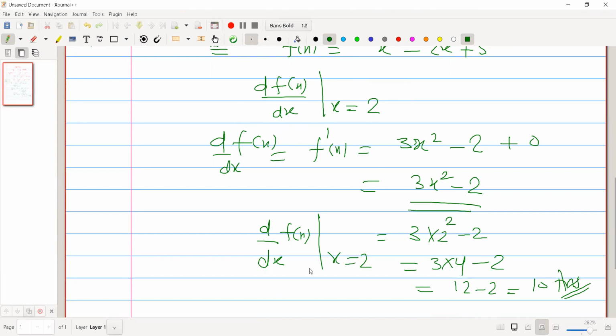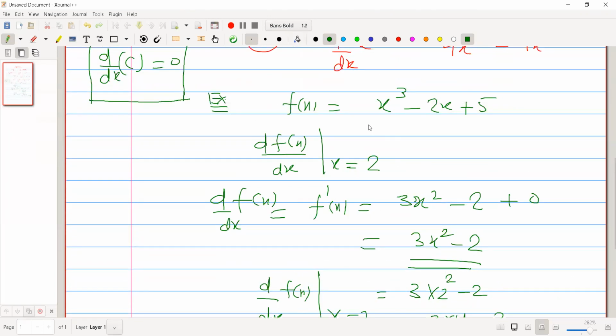Then we will get this value 10. The differentiation value is also called the slope, the slope of the tangent at the point x equal to 2, and this is my function value. These are also called the curve. Anything can happen, but the terminology is very clear here.